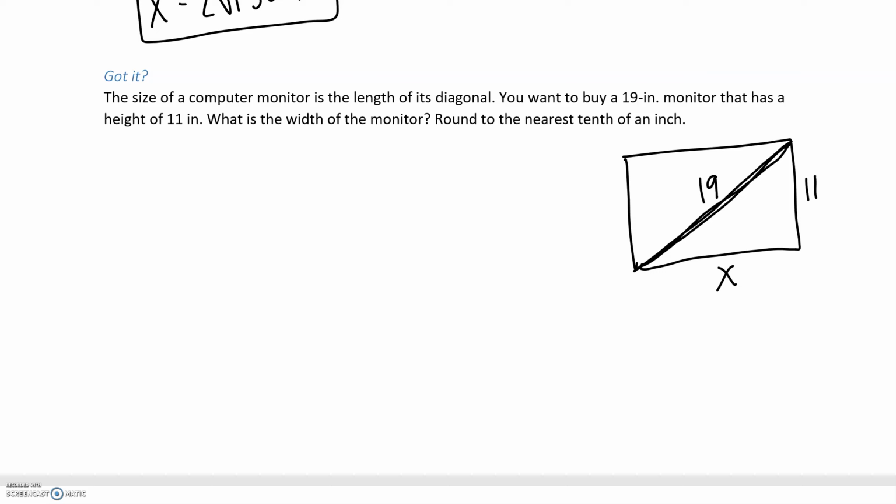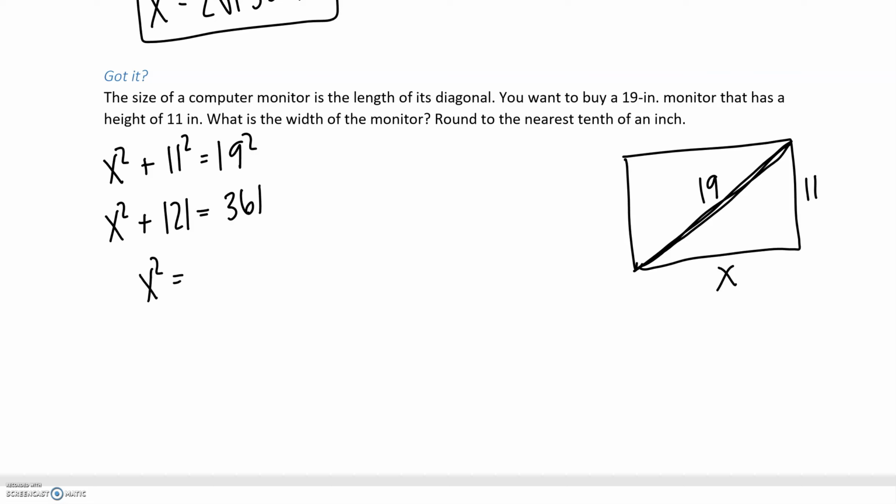Okay, so we will have x squared plus 11 squared equals 19 squared. It's going to leave us with x squared plus 121 equals 361.